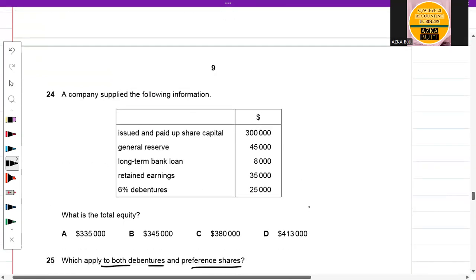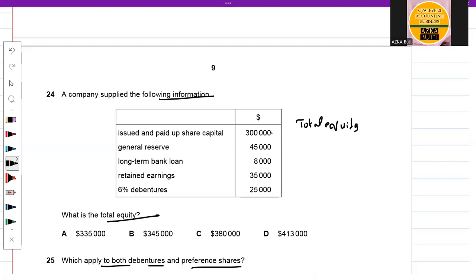Okay, so we have the next question. A company supplied the following information, and we have to find the total equity. This is very easy. To find the total equity, we just need to add the issued and paid up share capital, which is part of equity, and the general reserve, which is also part of equity, and the retained earnings, which are also part of the total equity.